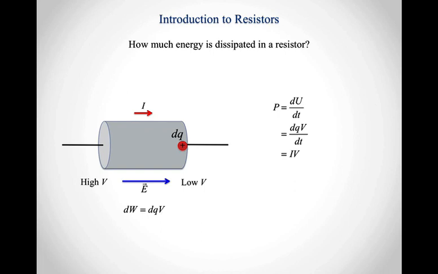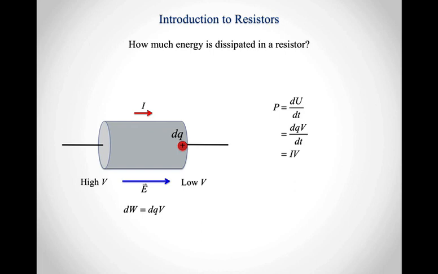And so when I think about the power, the rate at which energy is dissipated, that's what the power is telling me. Well, the work that's done in moving that charge across my resistor is basically how the potential energy is changing, and what I'm interested in is figuring out that rate per time.